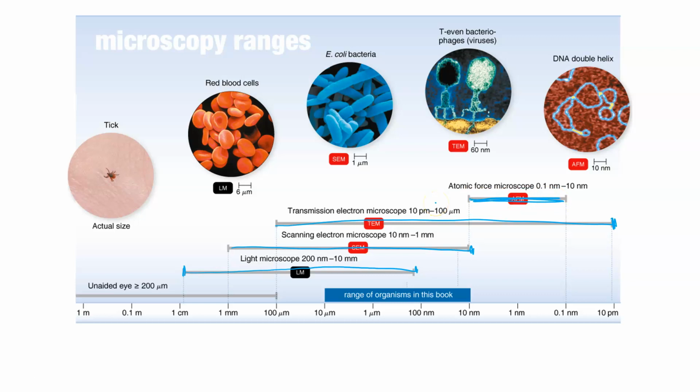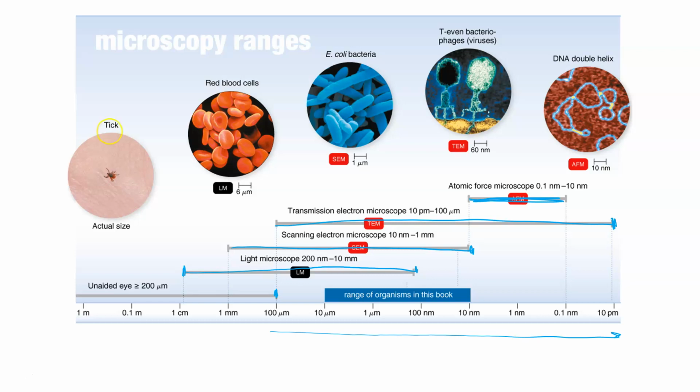But you can see that our use of technology will allow us to extend our vision from that 100 micrometer scale or size limitation all the way through the smaller micrometers, the entire nanometer range, and then into the picometers. I'm not going to go into the intricacies of each of these microscopes, but I do want you to have a mental image of what these units mean.